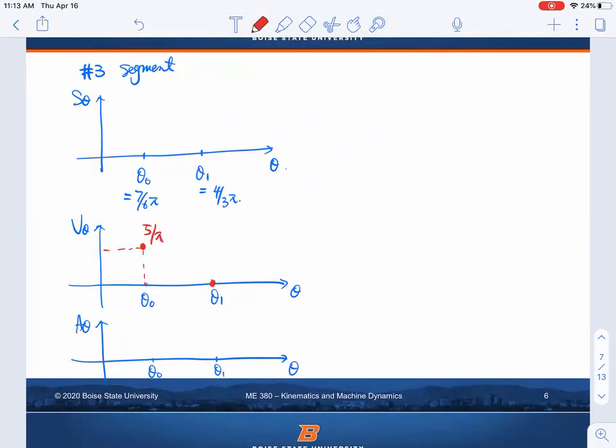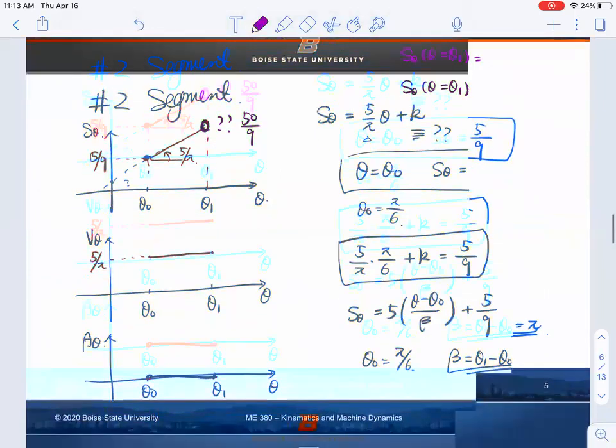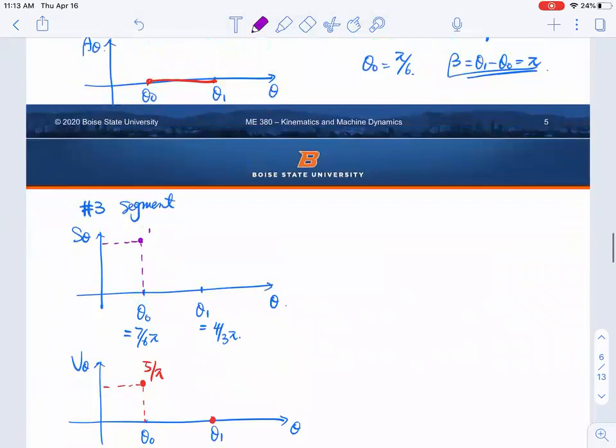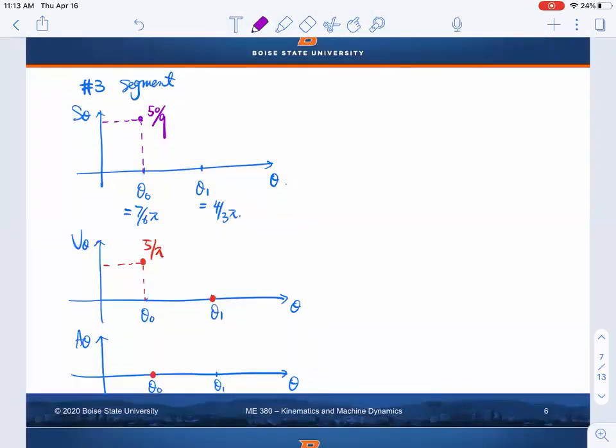We already know the boundary condition for the displacement from the ending point of the previous segment, so this point is 50/9. Okay, so that's everything we know for segment number 3, right?